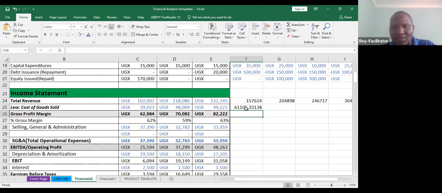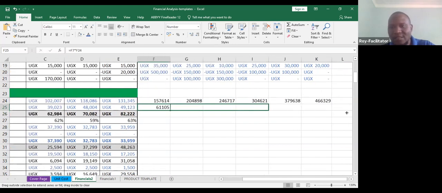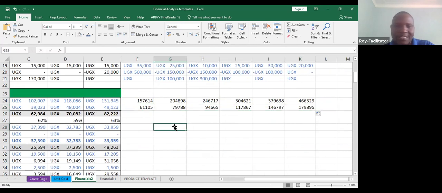As you can see, it has computed very well. And I'll just extend the formula, so it will compute for the rest.